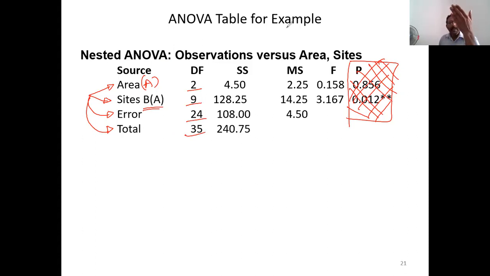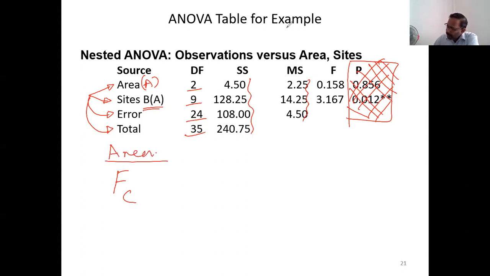In the first Anova, which I have given you, you can calculate the sum of squares. You can calculate the mean square according to the formula. Then you calculate the F value for factor A, or area.